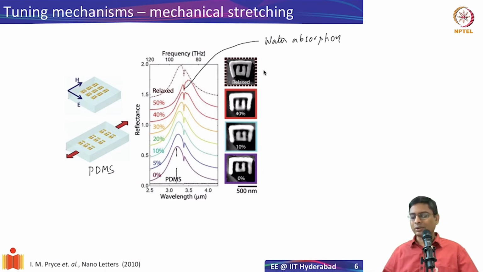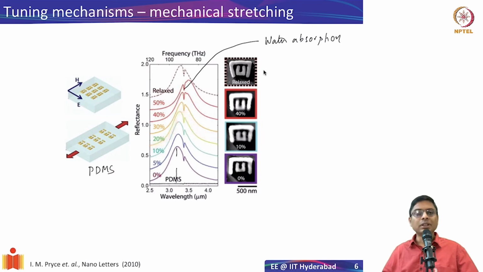There is a lot of water absorption, and because of that you see a very sharp dip at that point. So this is a standard thing. We can ignore this safely for our purposes. The overall peak is this; that is the resonance we are talking about. The sharp peak we can ignore for the moment.